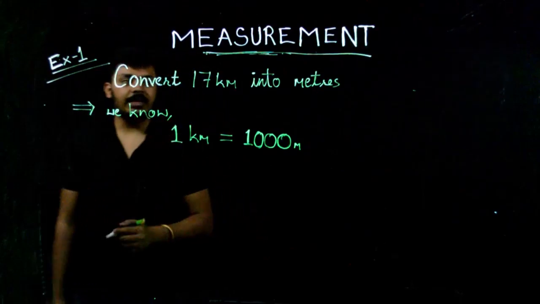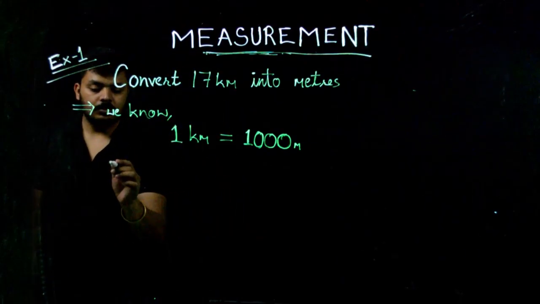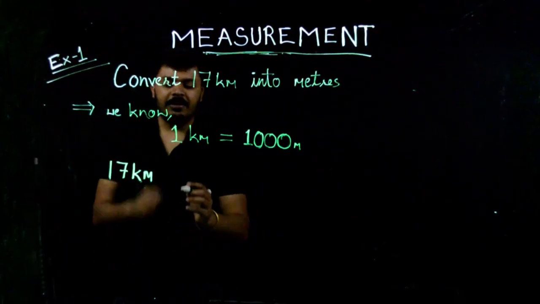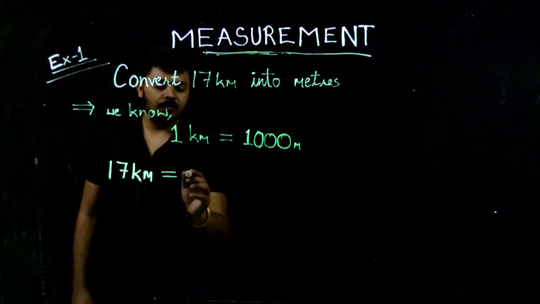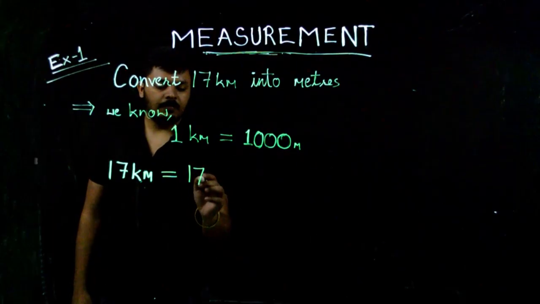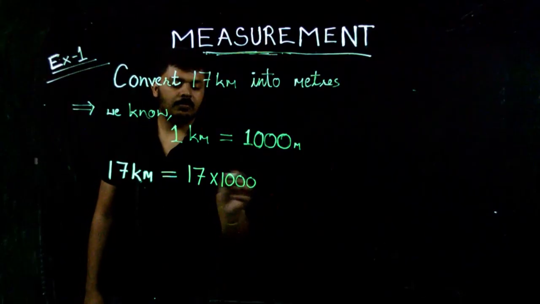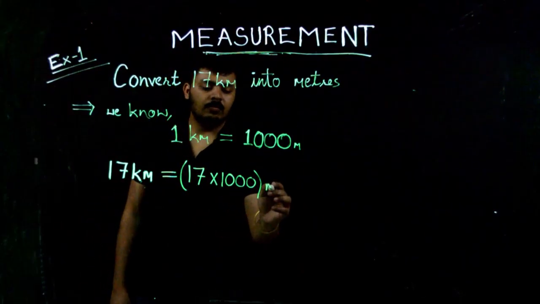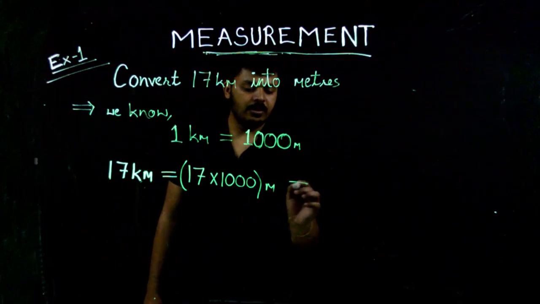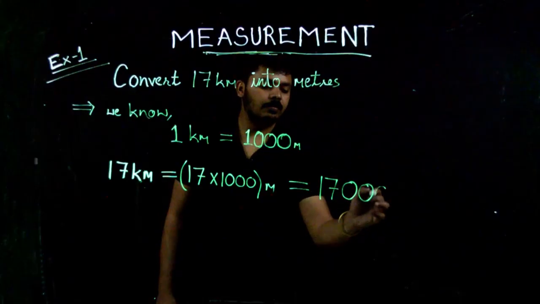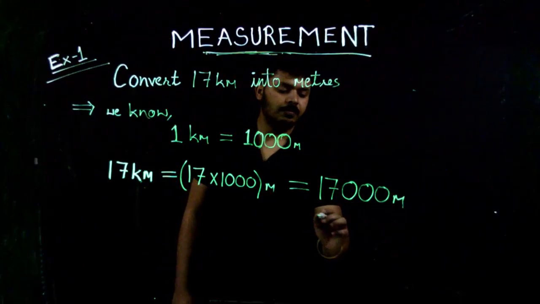So to convert 17 kilometer into meters, we can say 17 kilometer is equal to 17 multiplied by 1000 meter, which is equal to 17,000 meter.